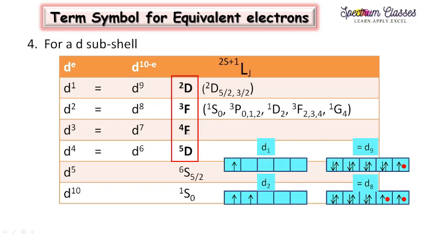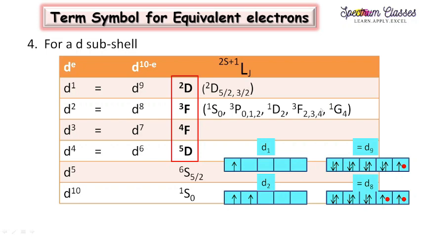In my previous slide, I discussed that d1 or p1 will give you 2D and 2P, right? So d1 gives you 2D. Now coming to d2, which I have solved in one of my videos, and it has this many term symbols.